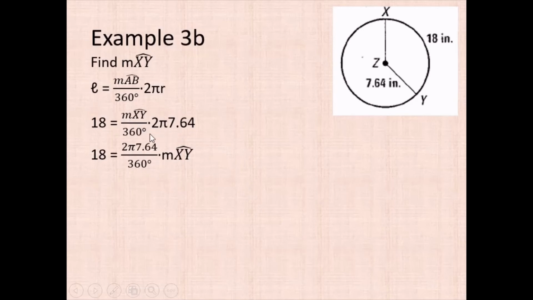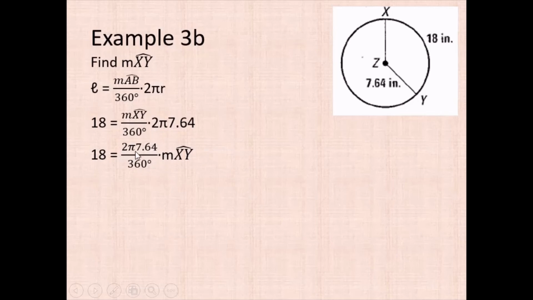Now I can kind of rearrange this equation. All this right here is just being multiplied together. So what I can do is basically swap these two places, because for multiplication you can swap the order, like 2 times 3 is the same thing as 3 times 2. I'm just putting it on top of the fraction here and switching these places.